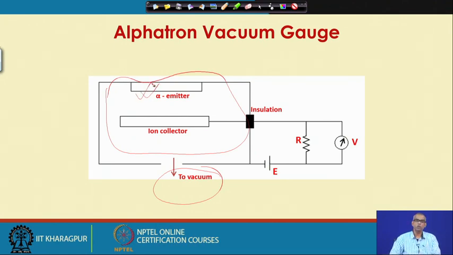This is the radioactive source material. It produces alpha particles. These alpha particles collide with the gas molecules that are present, and the negative ions are collected using this ion collector.